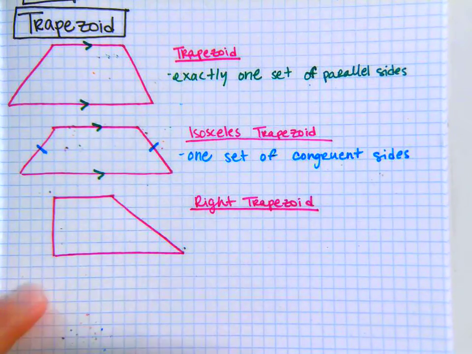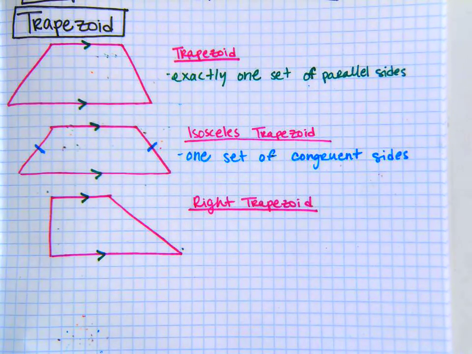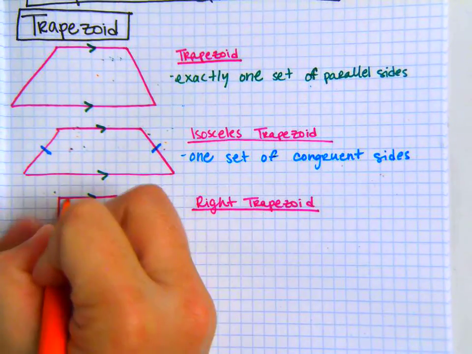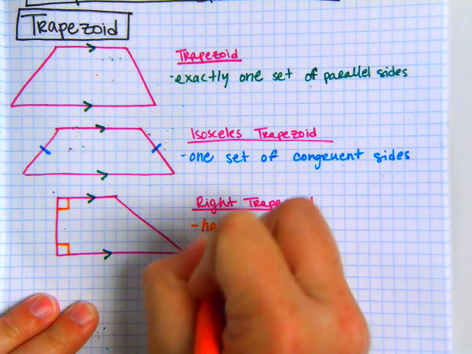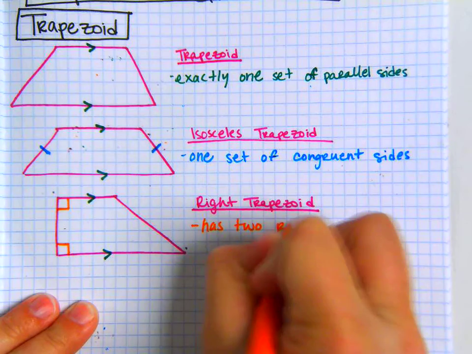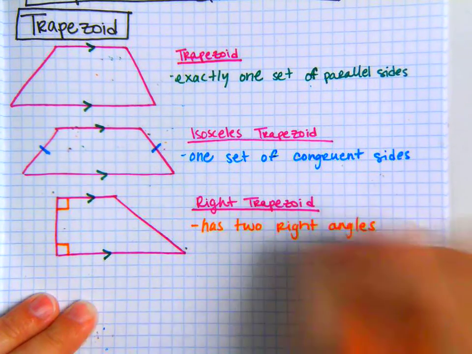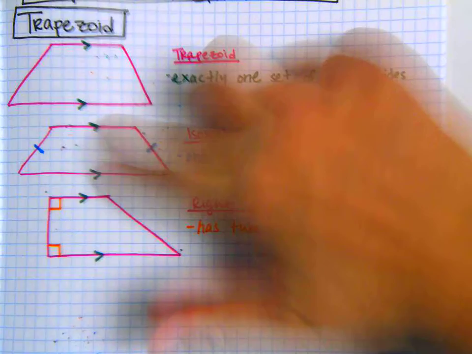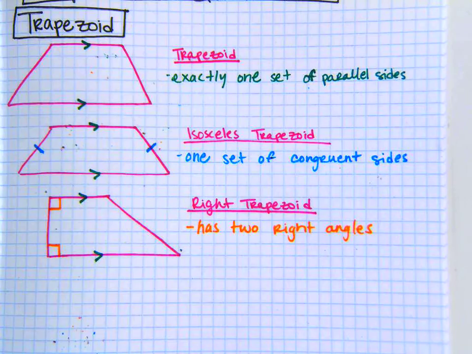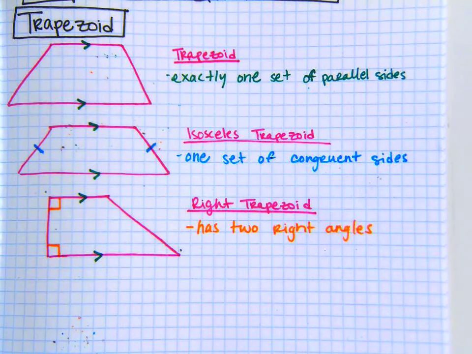And a right trapezoid still has that exactly 1 set of parallel sides, but now it has 2 right angles. Okay, so as you can see, each trapezoid we drew still had exactly 1 set of parallel sides. That's what makes it a trapezoid. These 2 just have other special properties that go along with it.